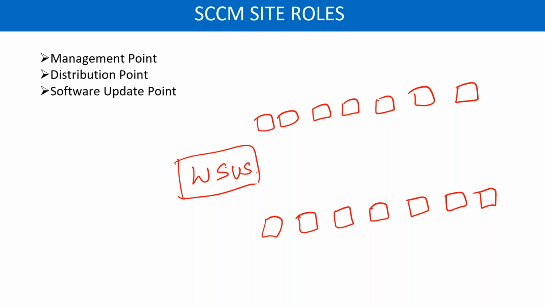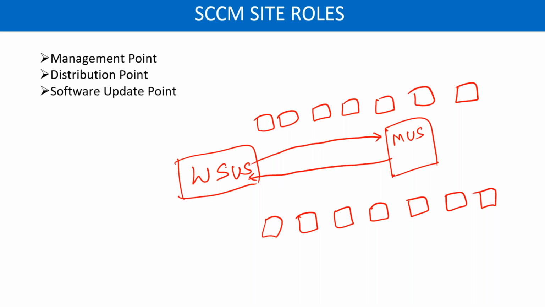This will be an internal server which will talk to the Microsoft Update Server on the internet, and from there it is going to bring all the updates we need. Let's say I need updates for Windows 10, Windows 7, Office, Visio, Project, SharePoint, SQL Server.